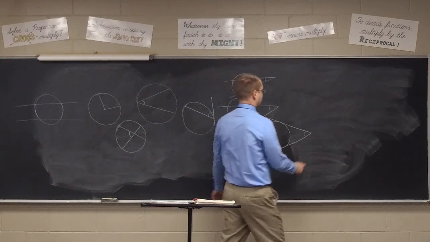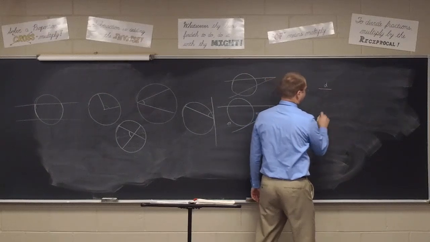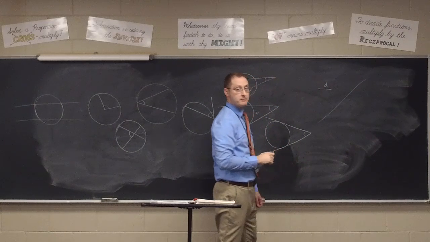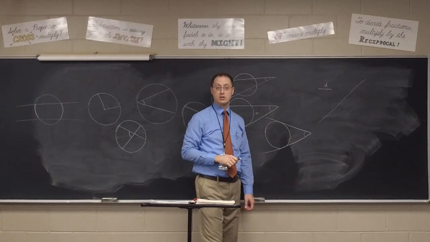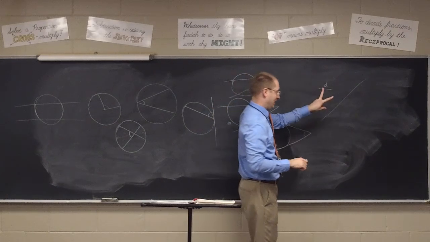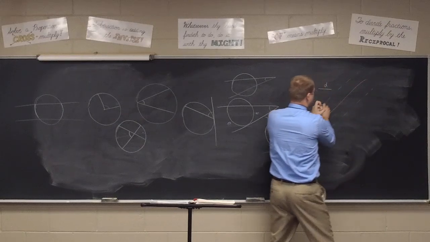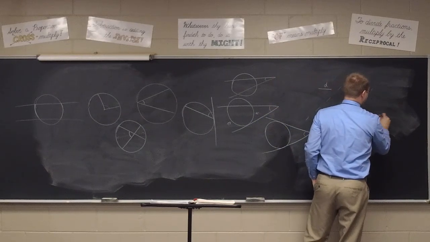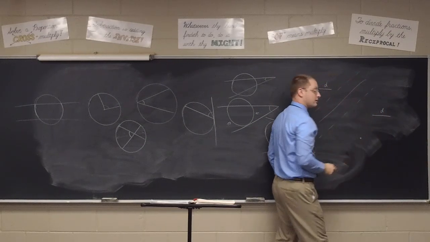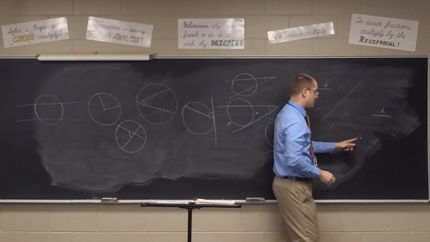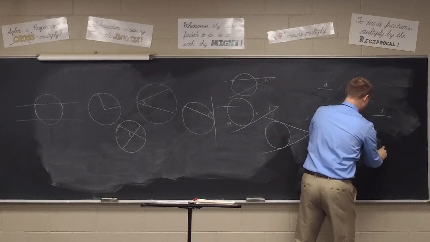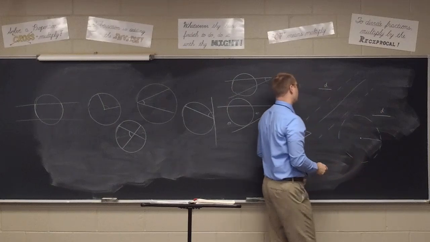The locus of points a given distance from a given line would be two lines parallel to the given line, the given distance away on either side. The locus of points a given distance from a given point is a circle with the given point as center and the given distance as the radius.